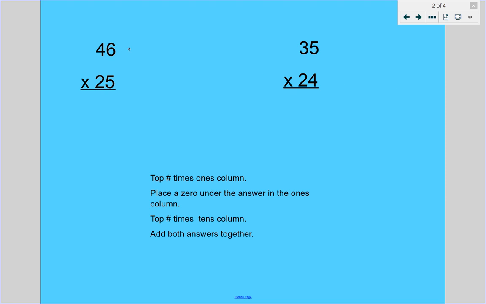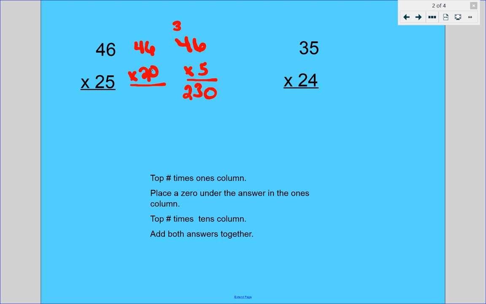So we said here to begin with, we leave the 46 as 46, and we break this down into 20 and 5. So we would do 5 times 6 is 30, carry our 3, 4 times 5 is 20, plus 3 more is 23.